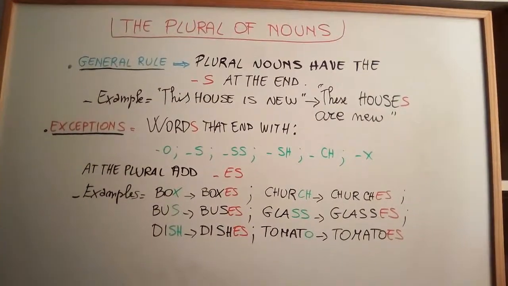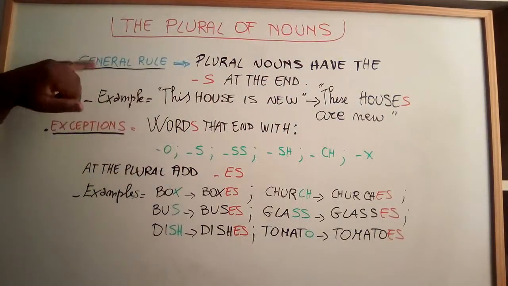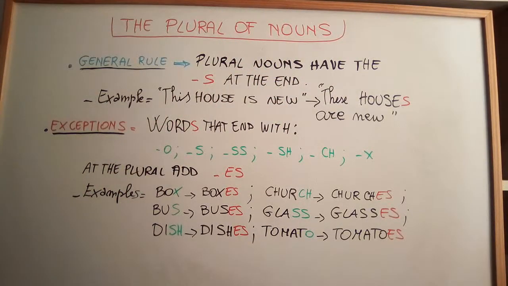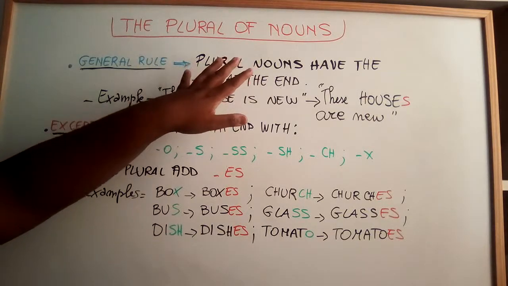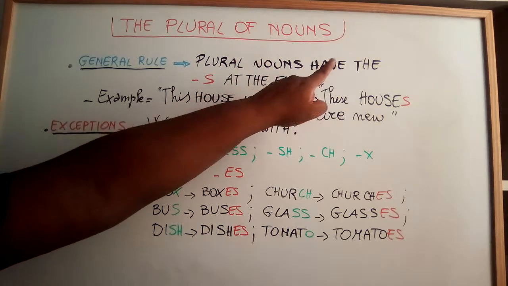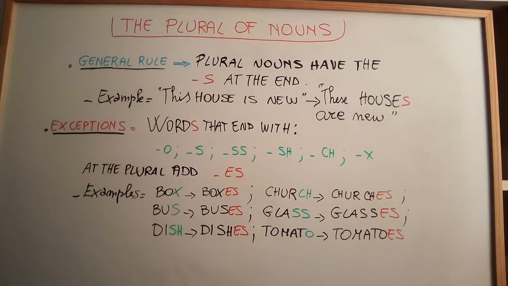and the plural of nouns. There is the general rule. The general rule is that plural nouns have the s at the end. Lots of words, when they are plural, just add the s.